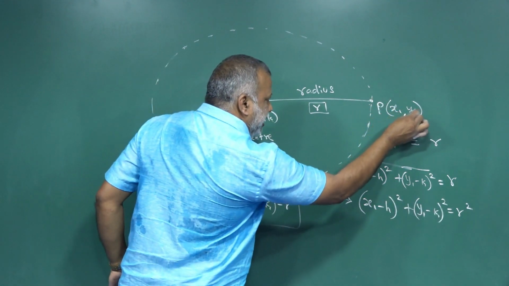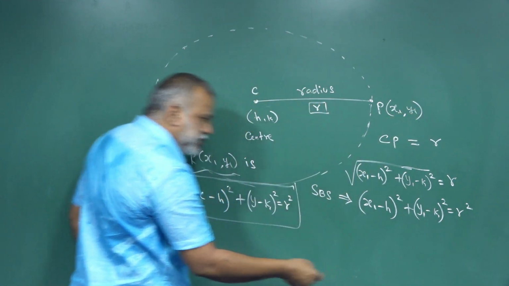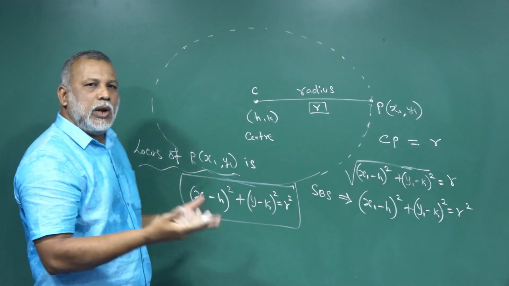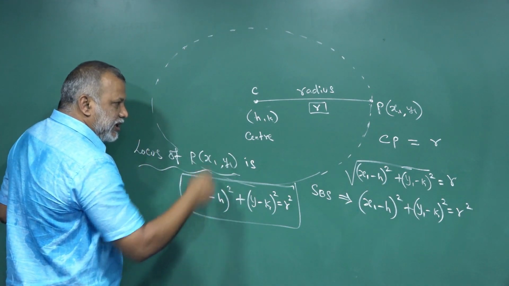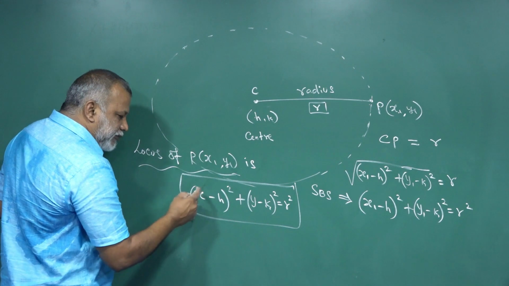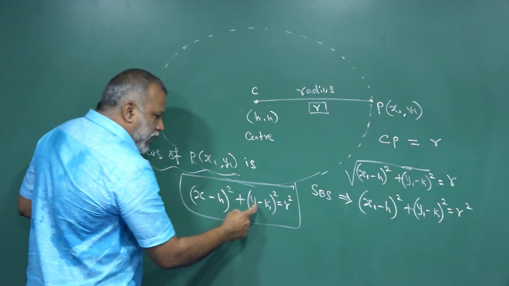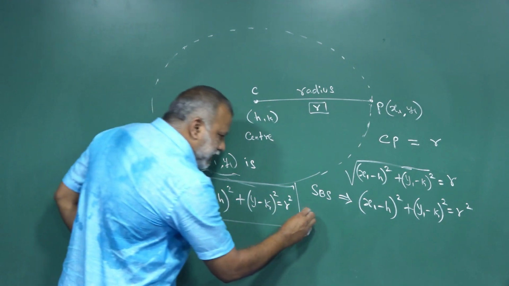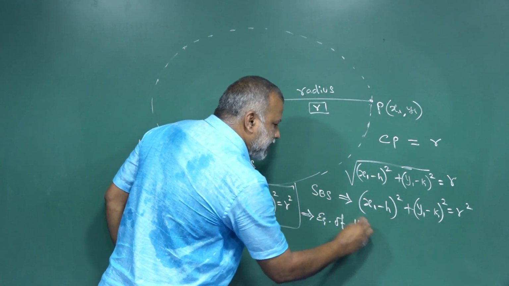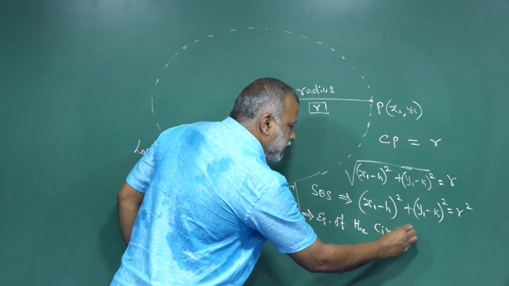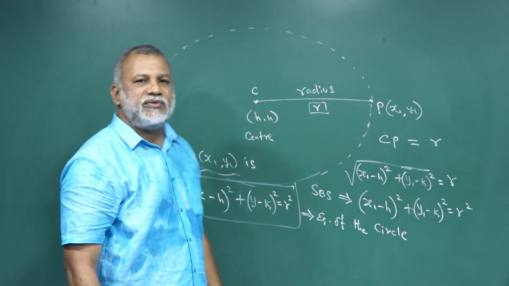Initially we are thinking P x1 comma y1 is the fixed point. If we want to find the locus, locus means it should be a moving point. Then replace x1, y1 with x, y. Therefore, x minus h the whole squared plus y minus k the whole squared equal to R squared. This represents the equation of the circle.